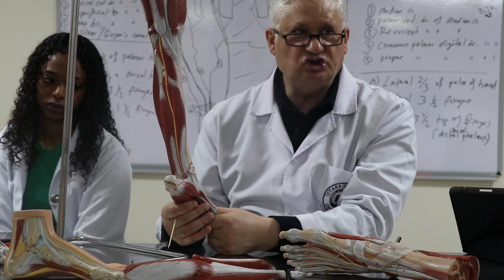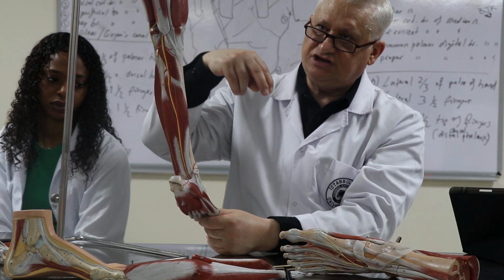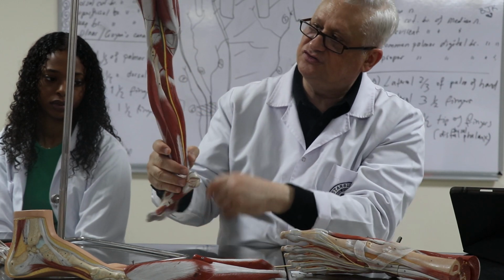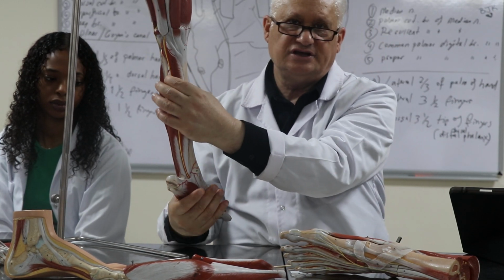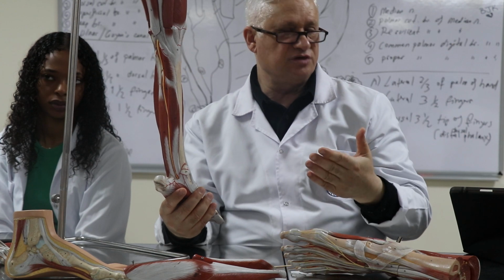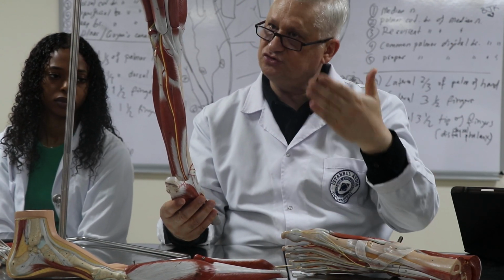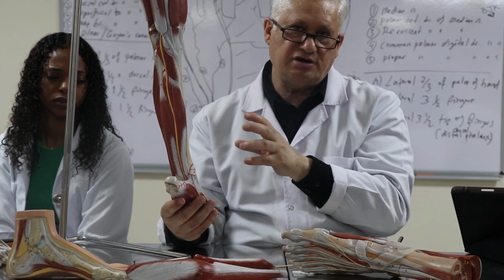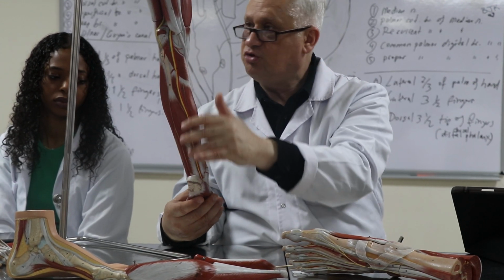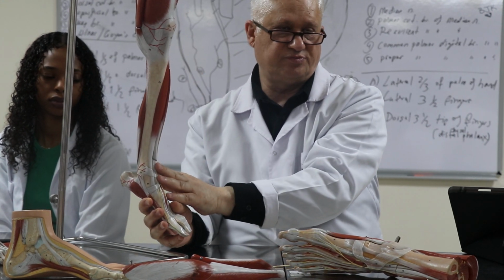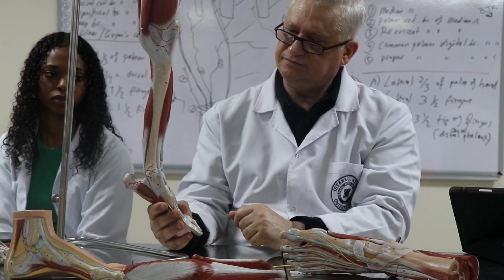Popliteal artery, right. So the popliteal artery divides into two: the anterior tibial and the posterior tibial. So this is the posterior tibial. And posterior tibial gives off an important branch, and that branch is the peroneal artery. Peroneal goes to the lateral compartment. Posterior tibial goes to the posterior compartment. Anterior tibial goes to the anterior compartment, okay? All right.